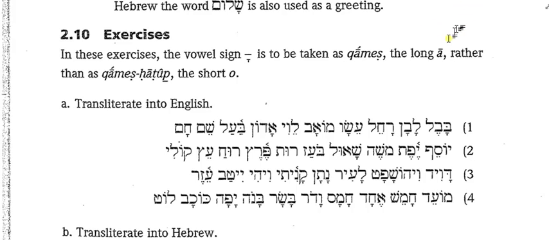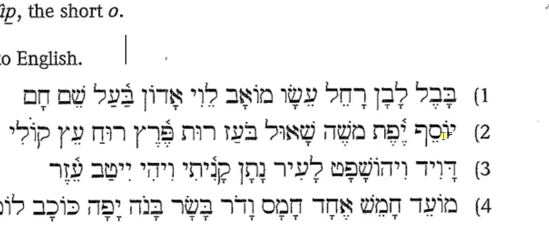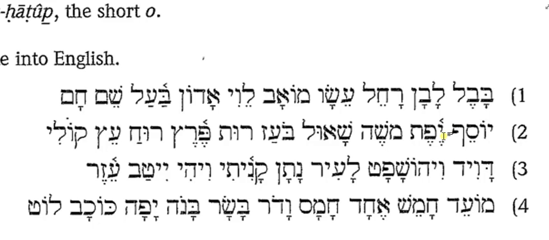So before we start looking at your answers, let me just invite you to name these vowels as I point to them, okay? Right here, what do we have under the first bet? Give me the Hebrew name. Kametz, good.